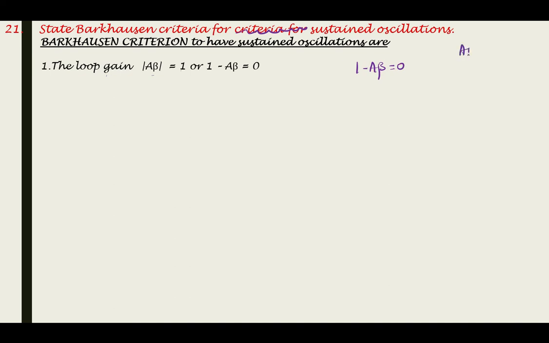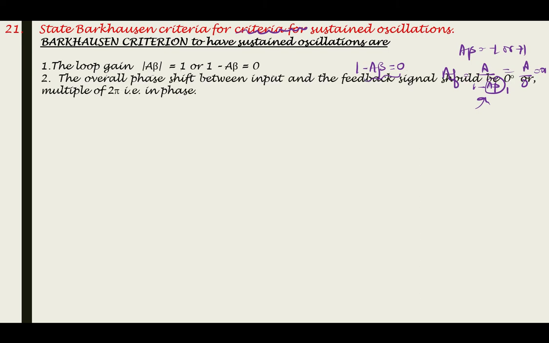So irrespective of A beta being minus 1 or plus 1, I want this to be 0. And you know, for positive feedback, AF is equal to A by (1 minus A beta). With A beta as 1, what I get is A by 0, which is infinite. So without input voltage, it can produce oscillations. Input voltage in the sense of AC voltage is not given; DC is given for biasing, but still oscillations will be produced.